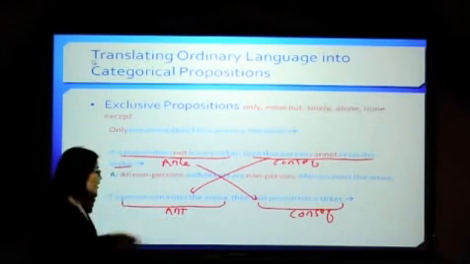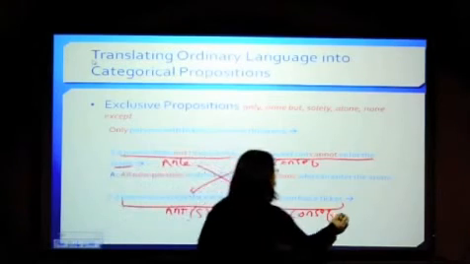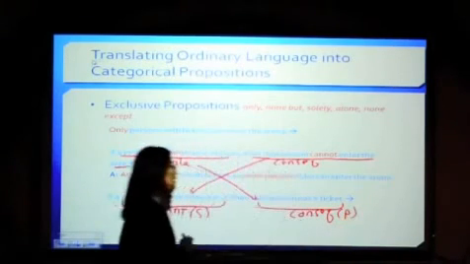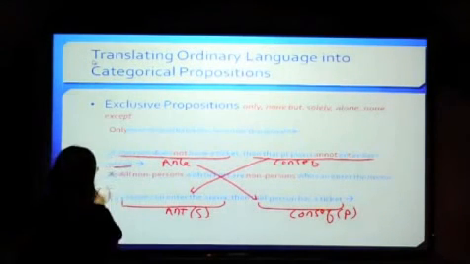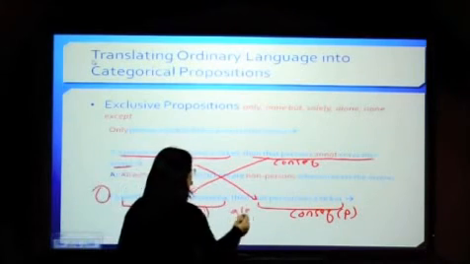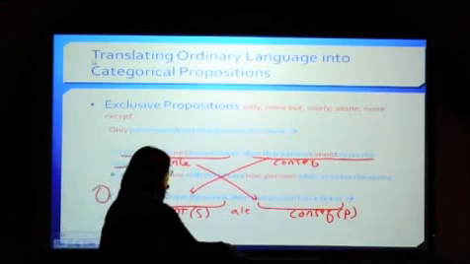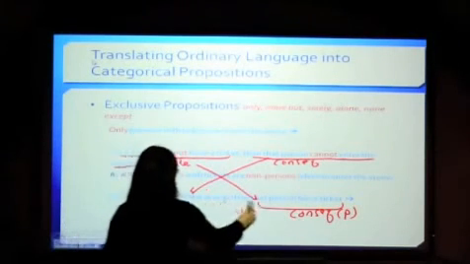So again, the antecedent becomes the subject term, and the consequent becomes the predicate term. For our standard form categorical statement, we have to add the quantifier, and then we also have to add the copula, which in this case will be are, okay? So in doing so, we would have the following statement.